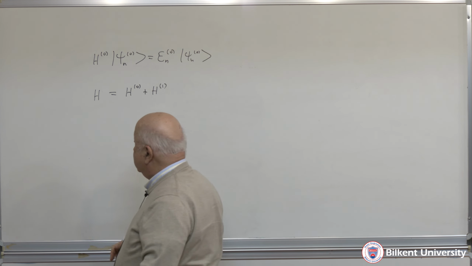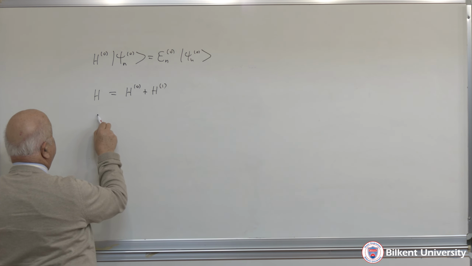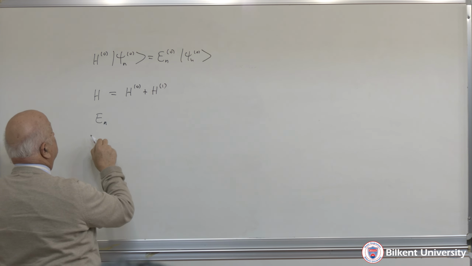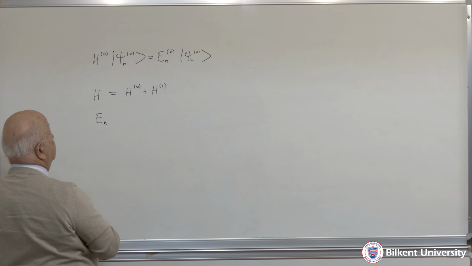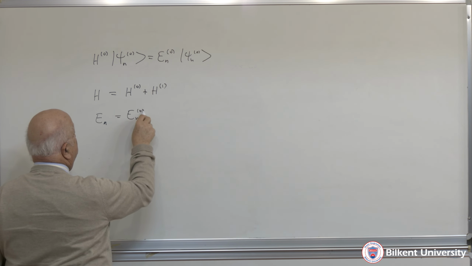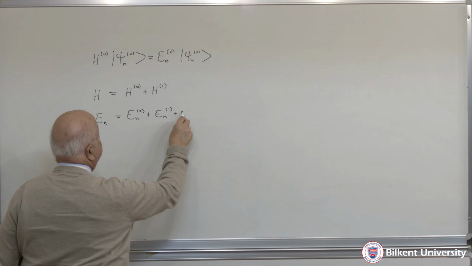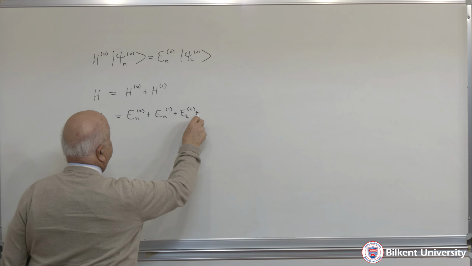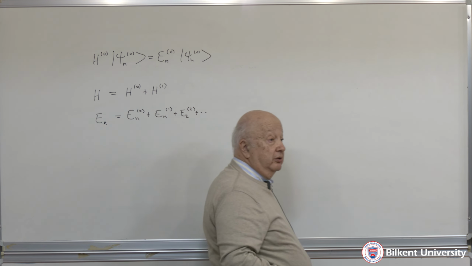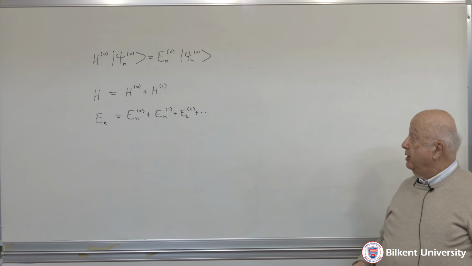The systematic expansion says that the energy of the system, En, for this new Hamiltonian, can be written as En zeroth order result plus En first order result plus En second order result. So this will generate, in general, terms to higher orders.